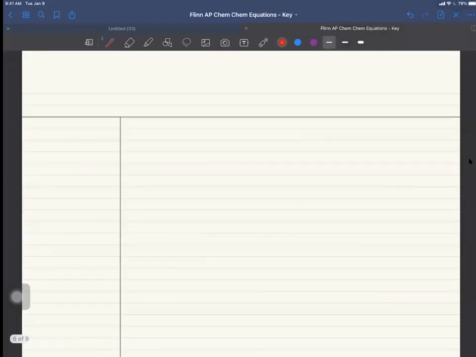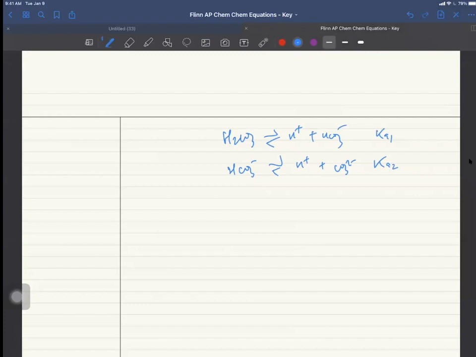For example, if you have a diprotic acid like this, you also have the successive ionization, Ka1. Sorry, you have the second step, Ka2.